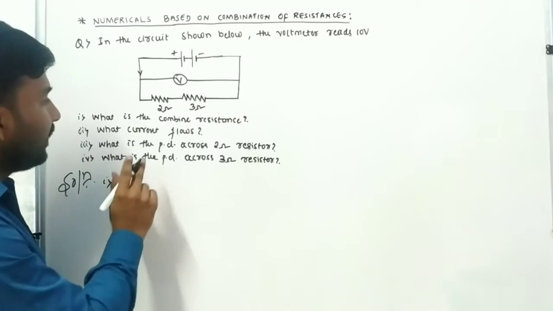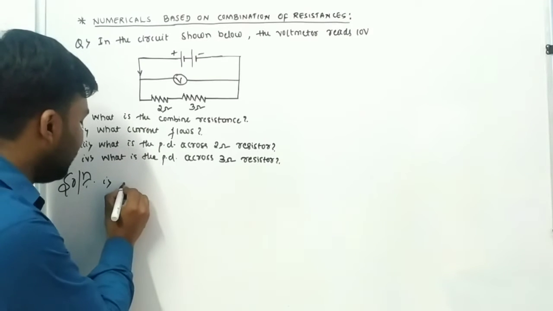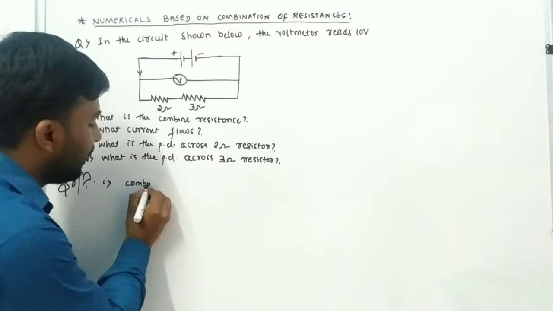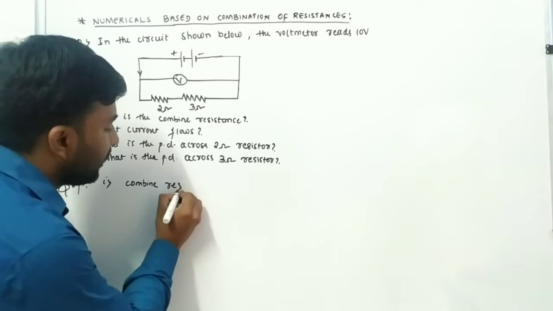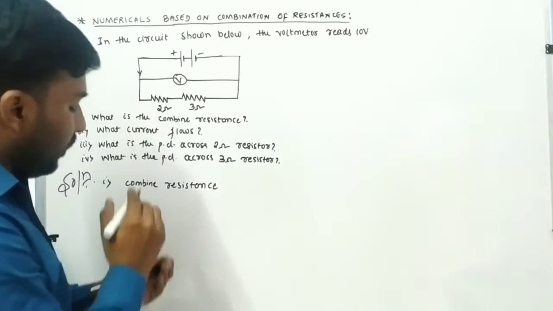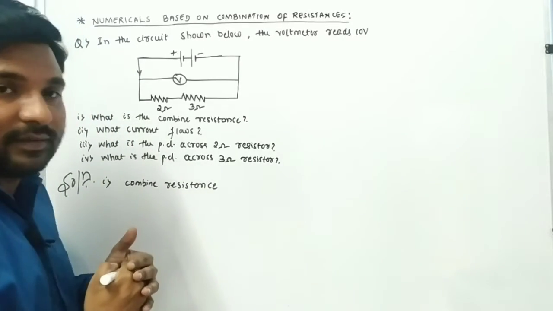First one, combined resistance, that is total resistance. Now look at these resistors.